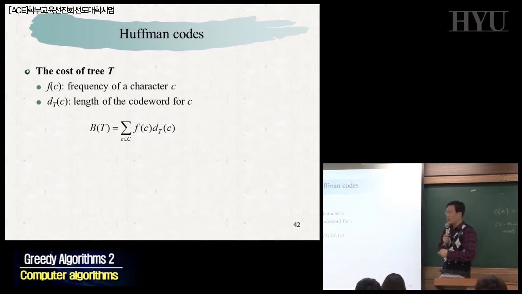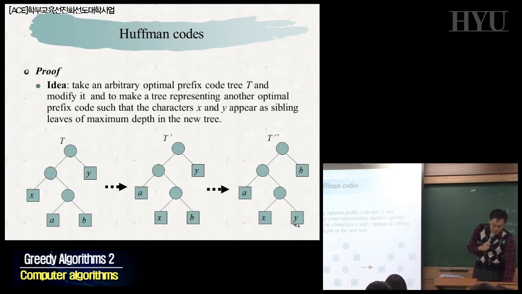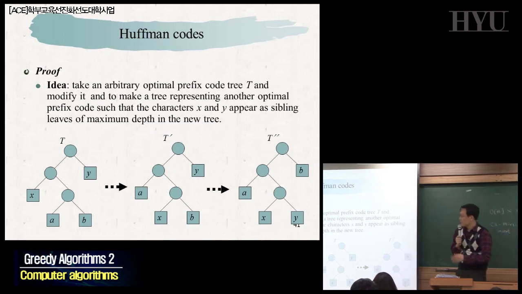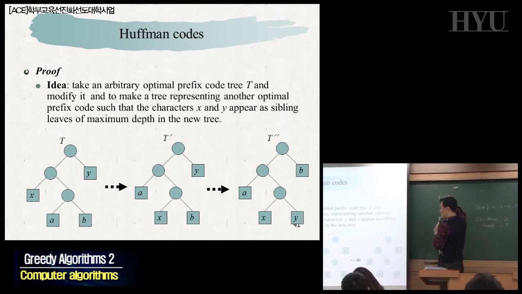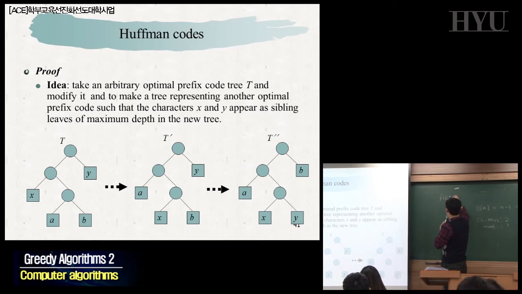So it is, I'll give you an example using the tree T. Assume that the frequency of x is this, and f of y is this, f of a is this, and f of b is this.